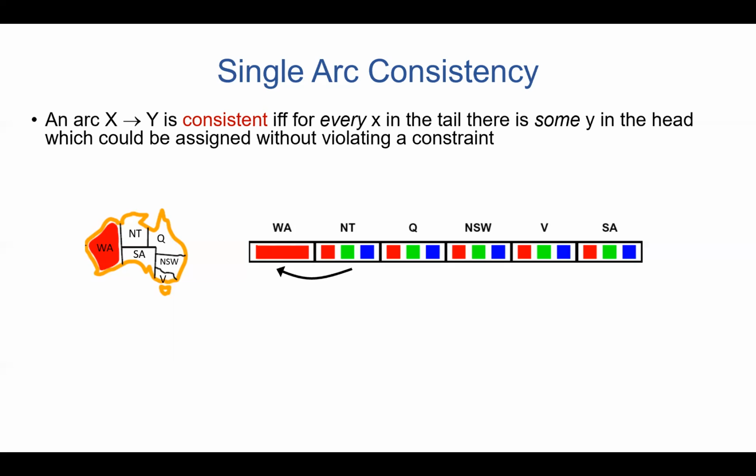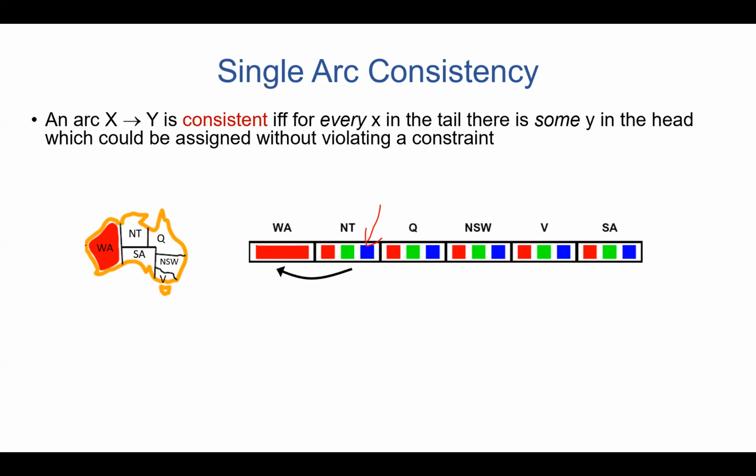It says for every X in the tail, there is some Y in the head which could be assigned without violating the constraint. So the constraint is still there: WA cannot be equal to NT. If we assign the value blue to NT, are we violating a constraint? No, right?